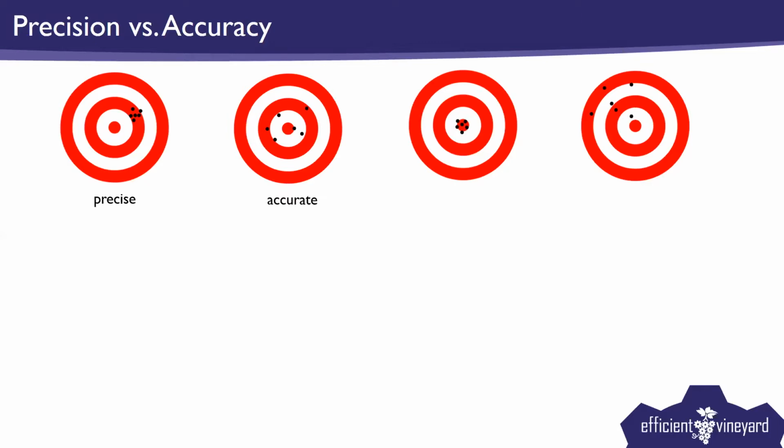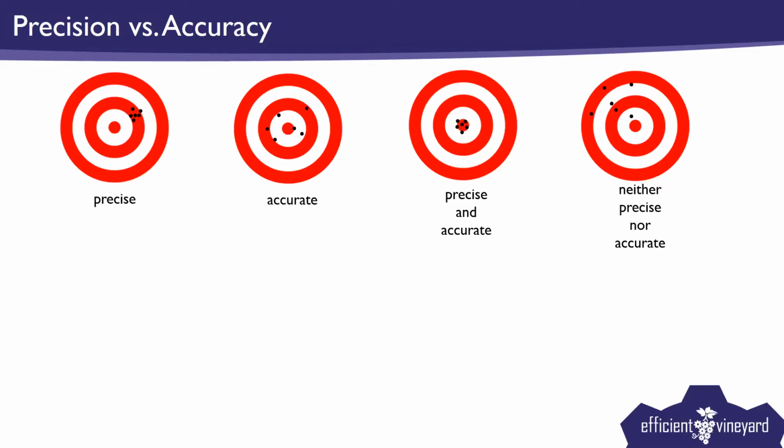So the second bullseye, it's accurate. Your measurements are very close to their true value, but they're not necessarily repeated very tight to each other. Then you can be precise and accurate. You're repeating your measurements very precisely, and you're also hitting your target. And you can be neither precise nor accurate.